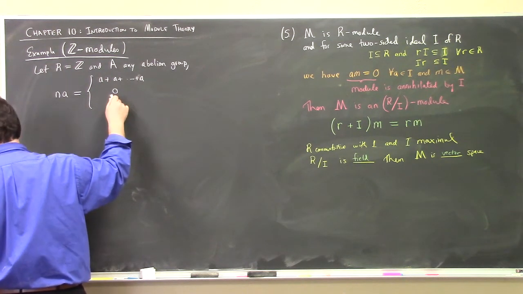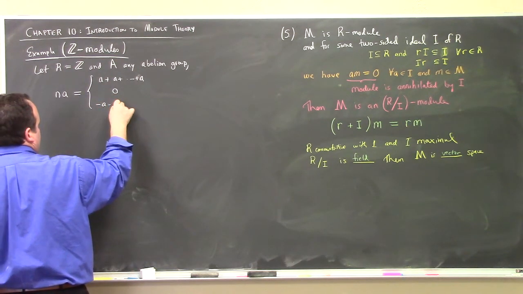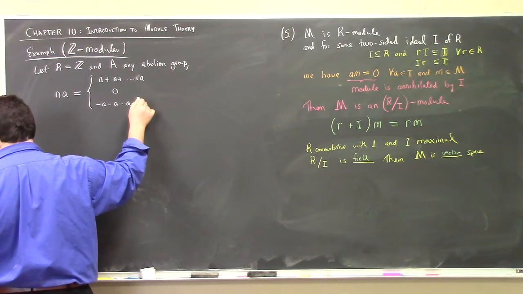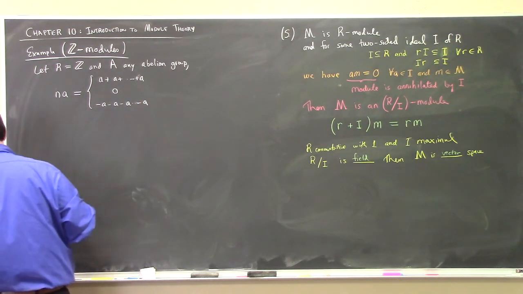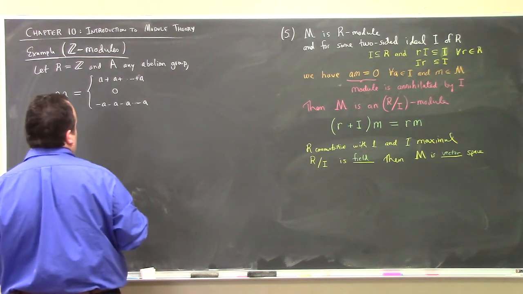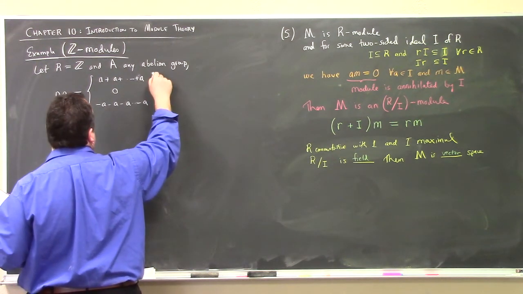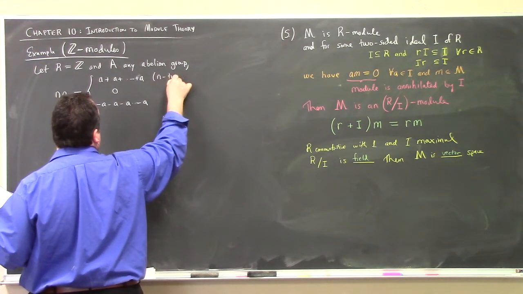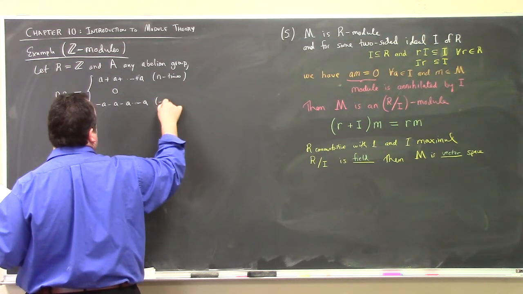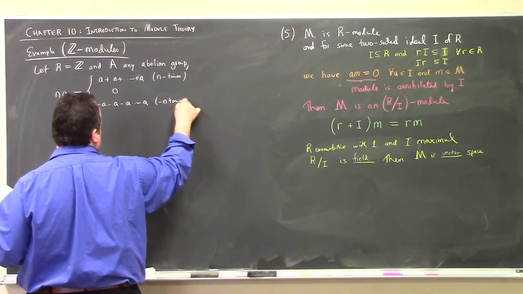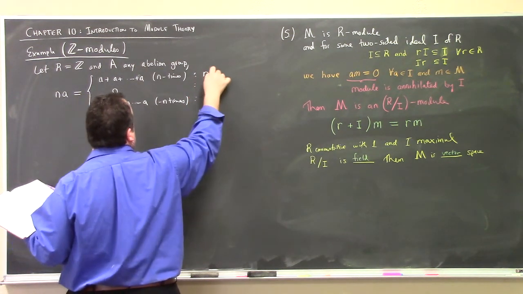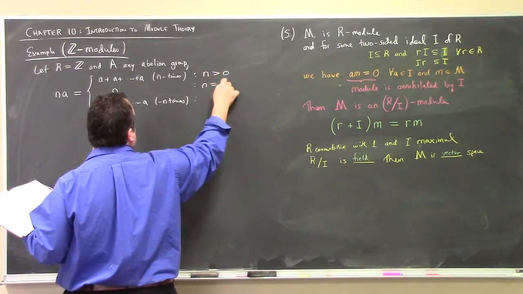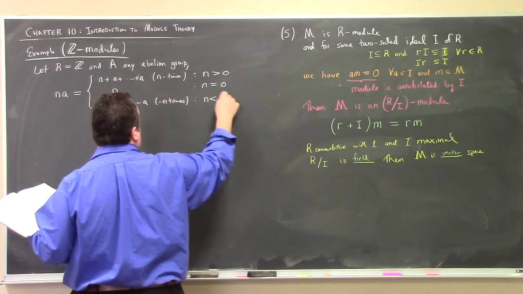Or it's 0, or it's minus A, minus A, minus A, n-fold times. So this is n times, this is minus n times, technically. So we're looking at 3 cases, n greater than 0, n equals 0, and n less than 0.